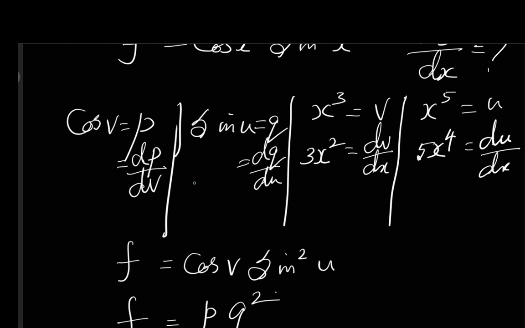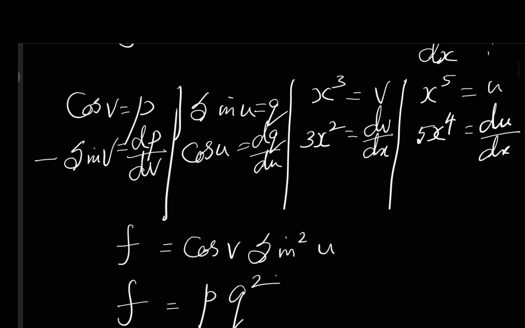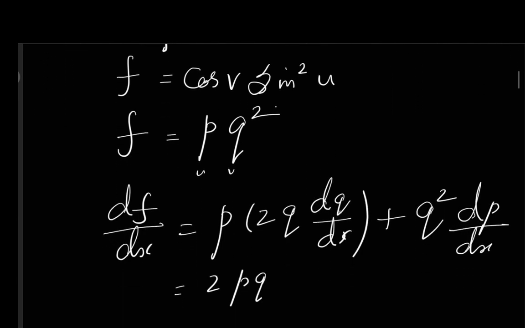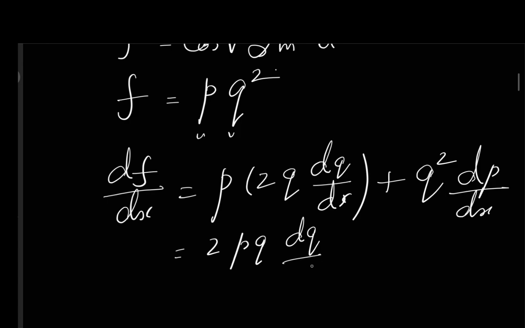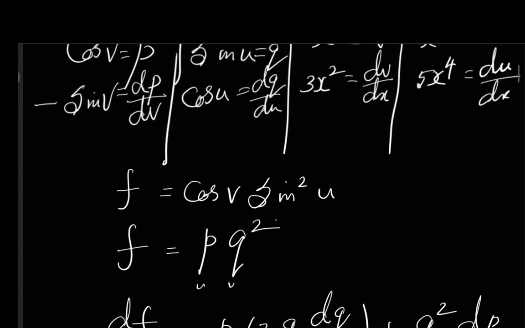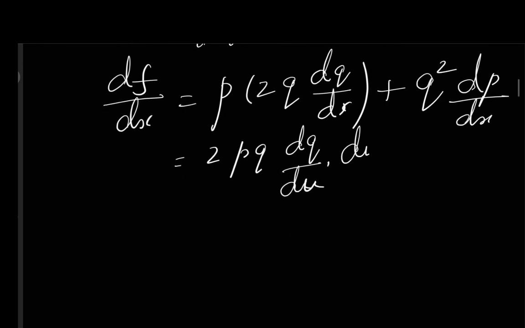What is dq by du? Cos u, just cos u. And this is minus sin v. So this dq by dx, first let me differentiate q with respect to u, dq by du, and then u with respect to x, du by dx.